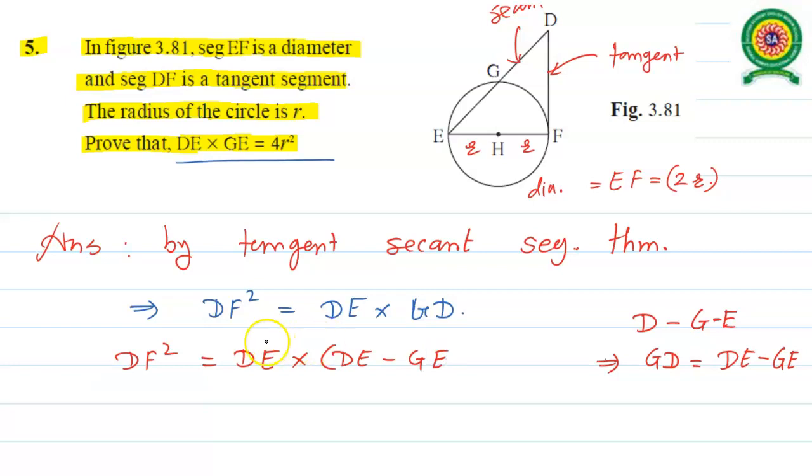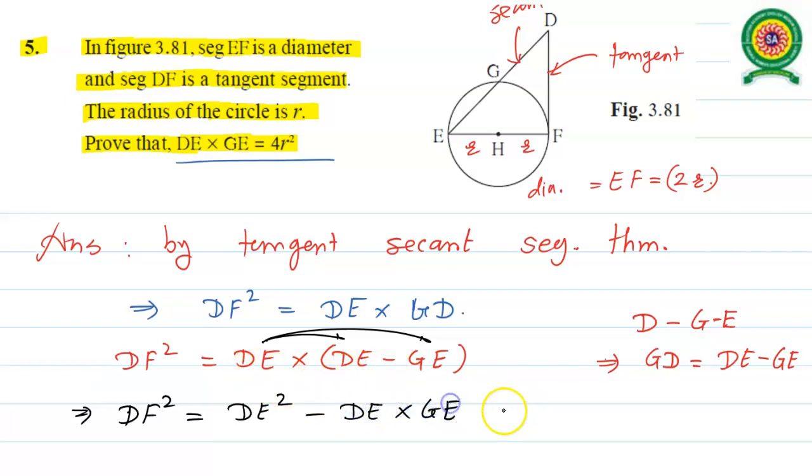Now once we distribute this DE over the bracket, we get DF square is equal to DE into DE itself, 2 times multiplication gives us a square, minus DE into GE. Let's call it equation number 1.